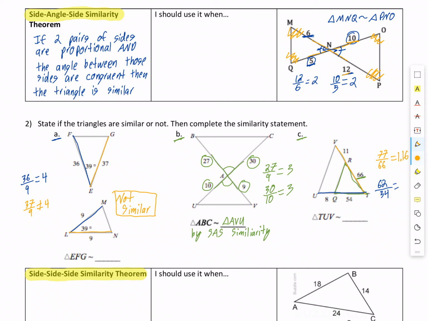And then 62 divided by 54 would give us about 1.15. And so since these two numbers are not equal, that means these two are not similar.